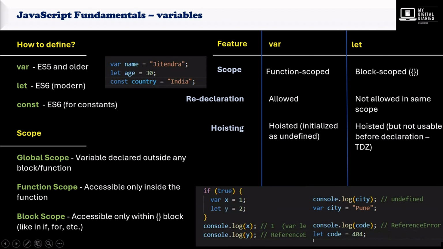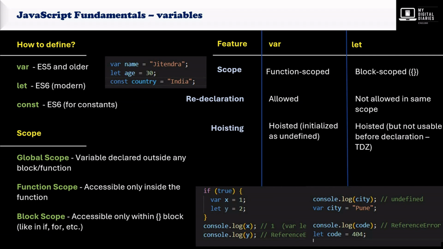So in this example, we are writing console.log city and then we are defining var city is equal to Pune. In this case, we are using var, so it will give you undefined, because in JavaScript, if you define the variable, it automatically puts that declaration on the top of your scope.